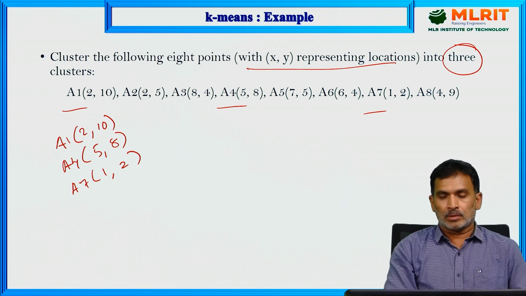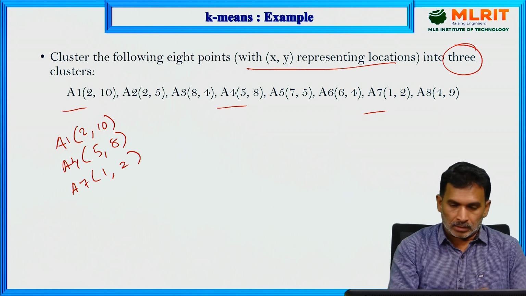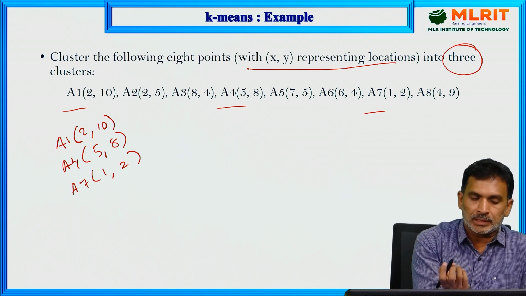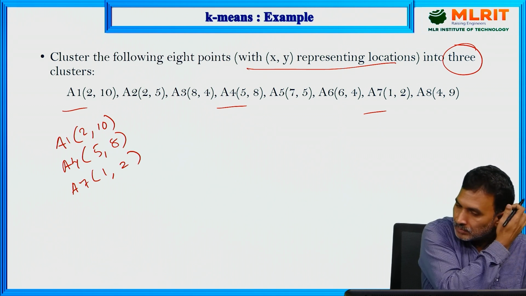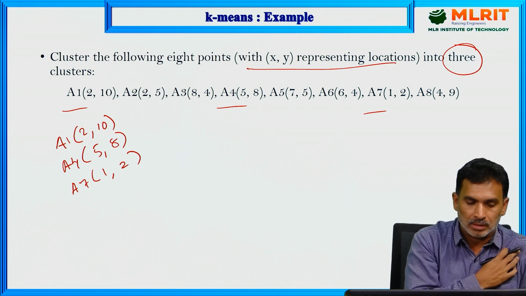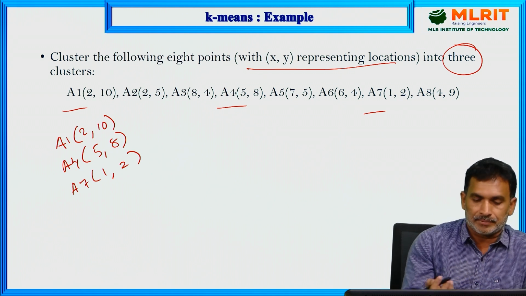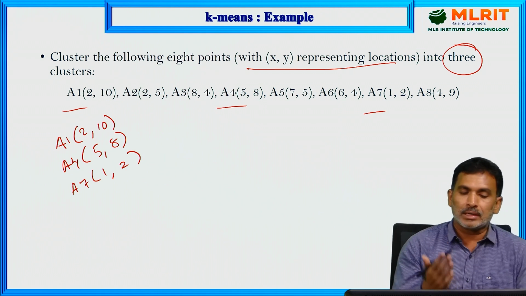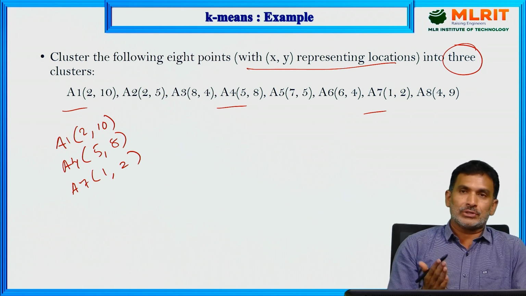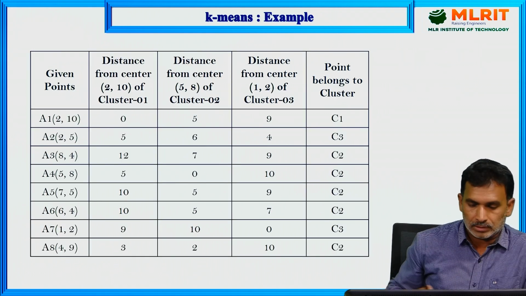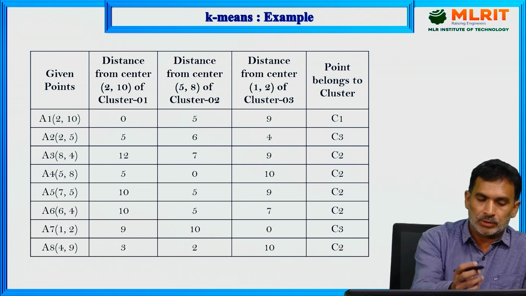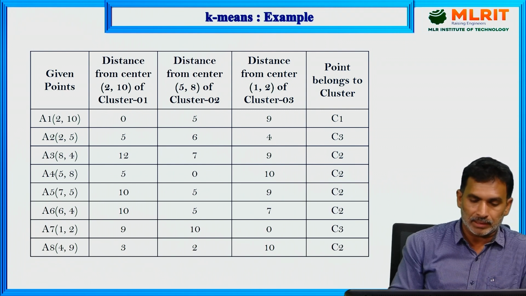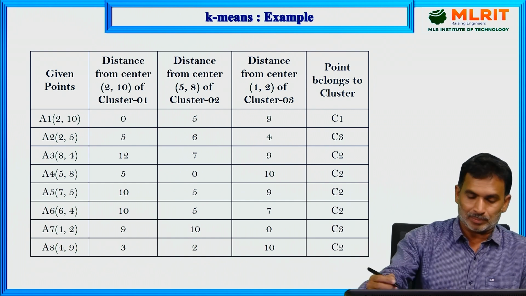Now what needs to be done? We have to calculate the distance from each center, that is, how far each data point is from each cluster. These are the calculated distance values, and you can easily understand how a particular value is calculated. I will also explain it here.